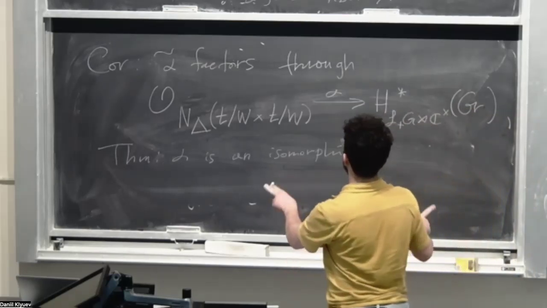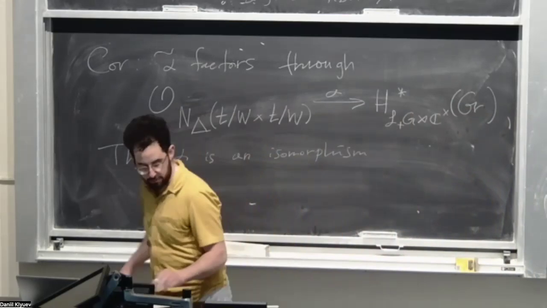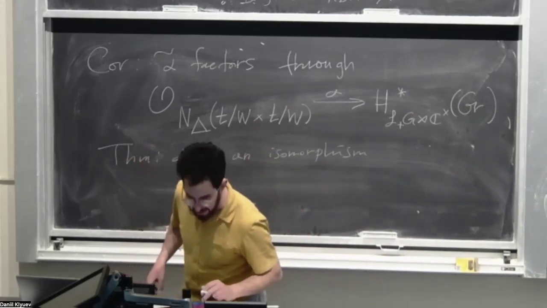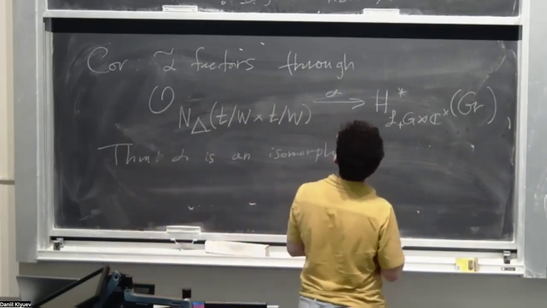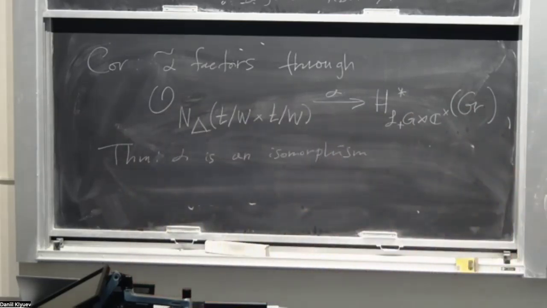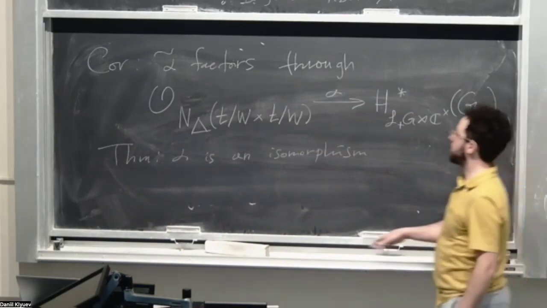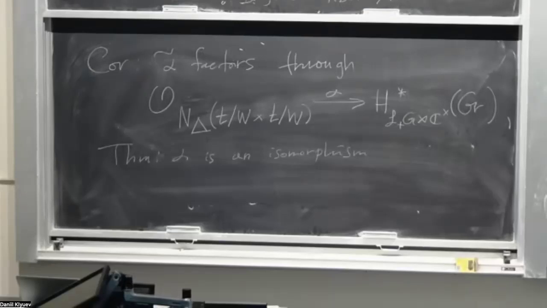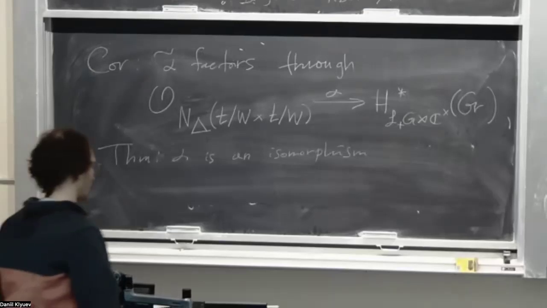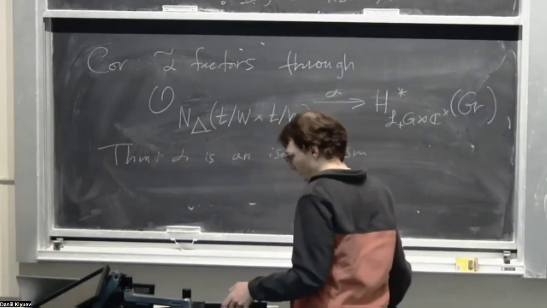Okay. Now let's see. Do I have time to write a sketch of the proof? Let's see how much of the proof I can write. And then there is another theorem that I will probably not have time to write, which describes also the rings, like the convolution structure.